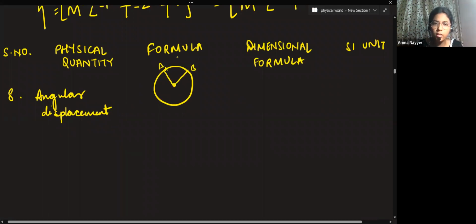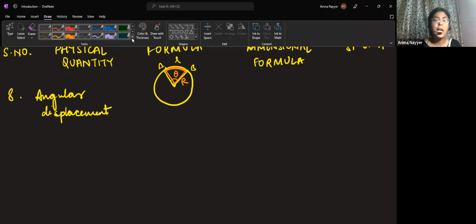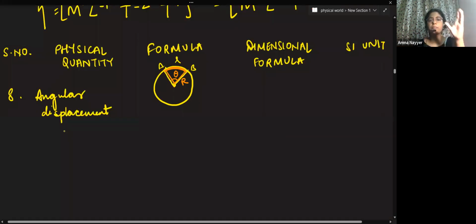This portion is the length of the arc. Here, the arc is subtending an angle, that is theta, and this will be the radius of it. If we are talking about angular displacement, it means the amount of angle that a particular body has covered, the tilt in the angle that it has occurred.